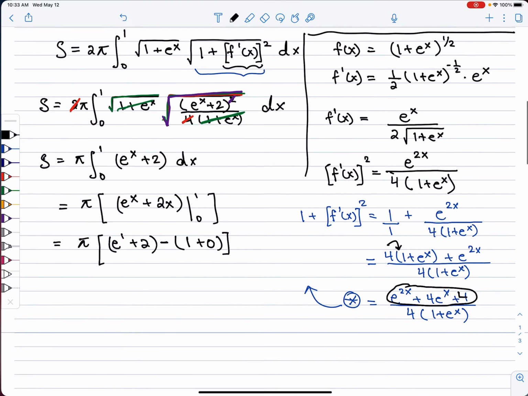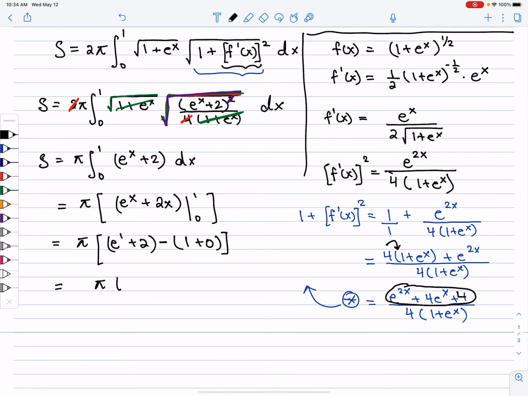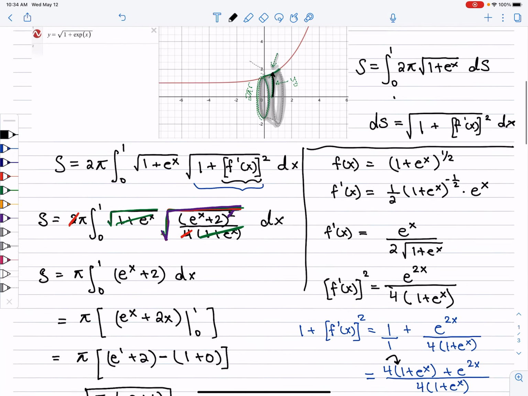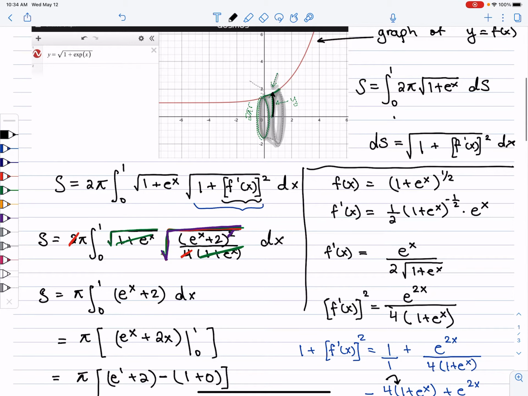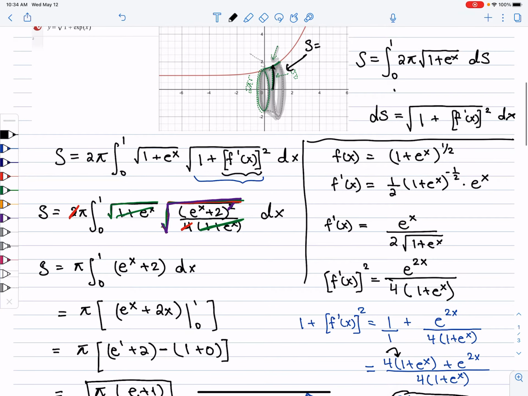So our final answer becomes pi times e plus 1. So the surface area of this revolution, we're using S to represent the surface area, S is equal to pi times e plus 1, we said.